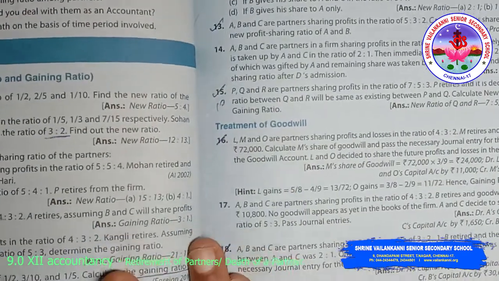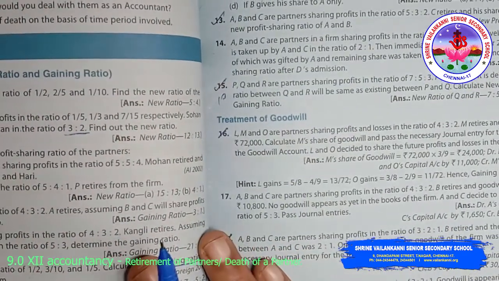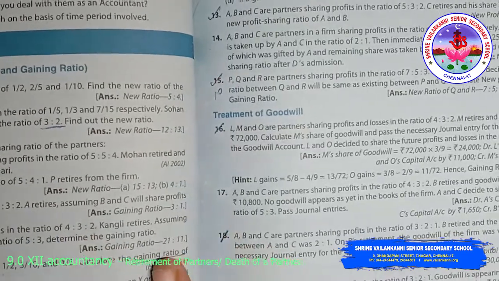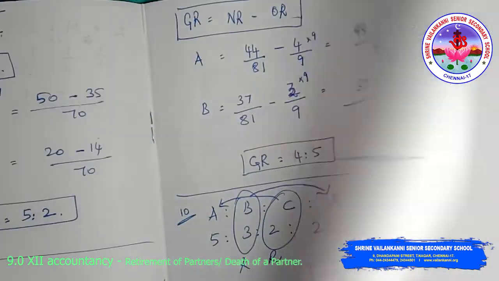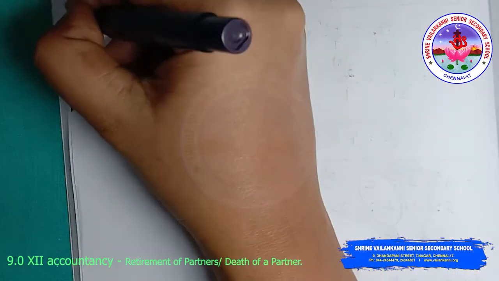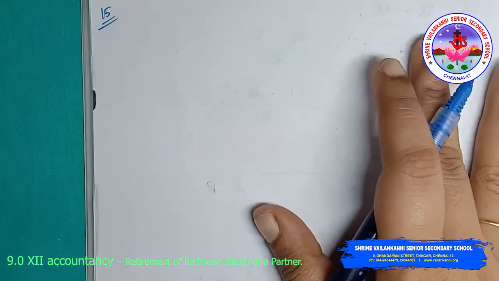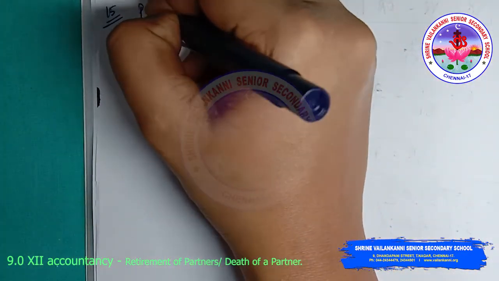So first we need to calculate the gaining ratio. Okay. So question number 15. Who are the partners?